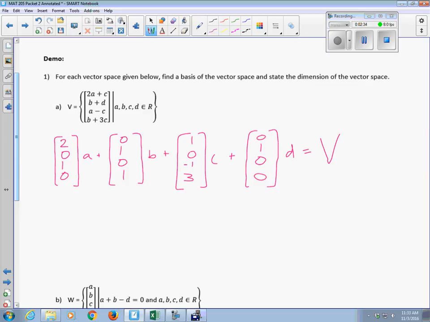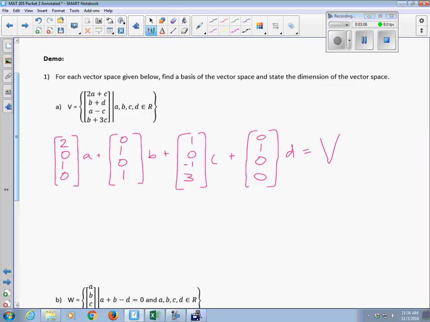Are those 4 vectors linearly independent? They are, yeah. And if you weren't sure, how could you verify? Yeah, I could put it in a matrix, RREF, and what would I be looking for? Pivot in every column, yeah. So these are a spanning set, and they are linearly independent, and you could check by doing a row reduce, pivot in every column.